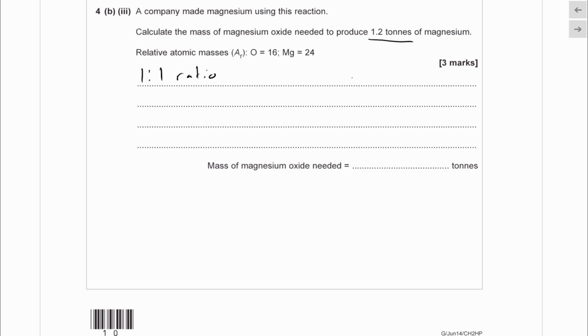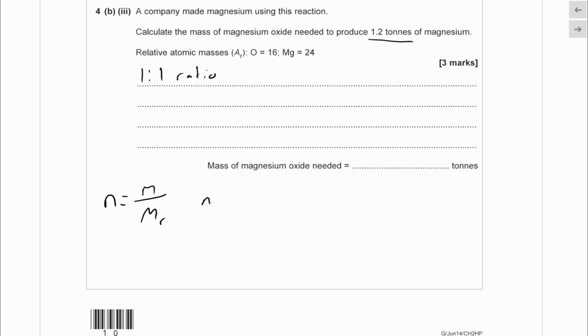So, our molar equation is number of moles is equal to mass divided by molar mass, right? And bear in mind that the molar mass of magnesium is just 24 because Mg is not a molecule, it's just Mg.